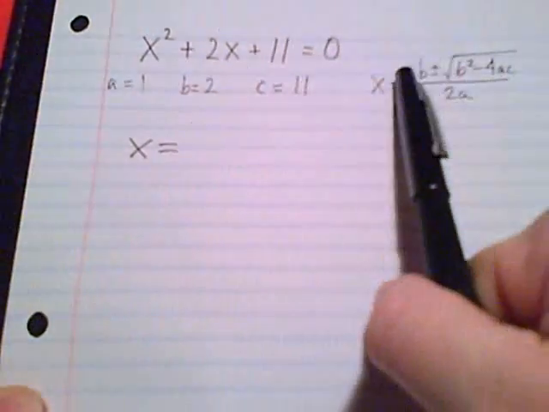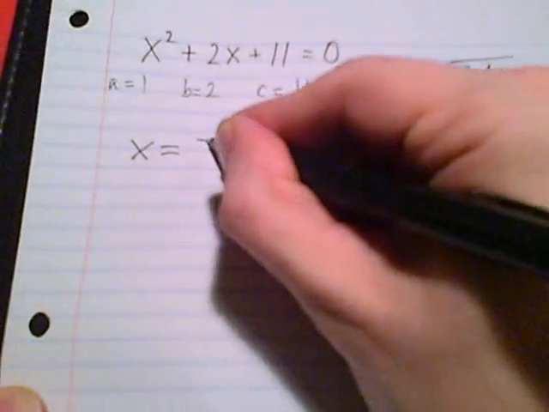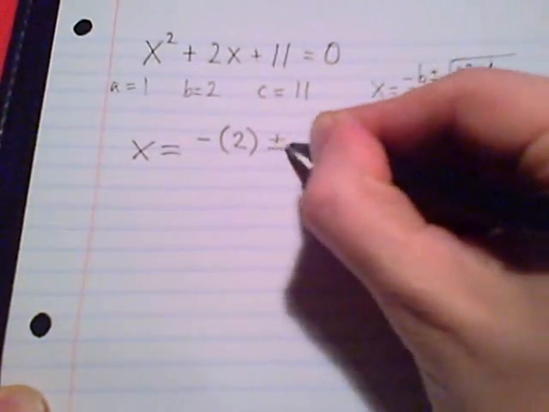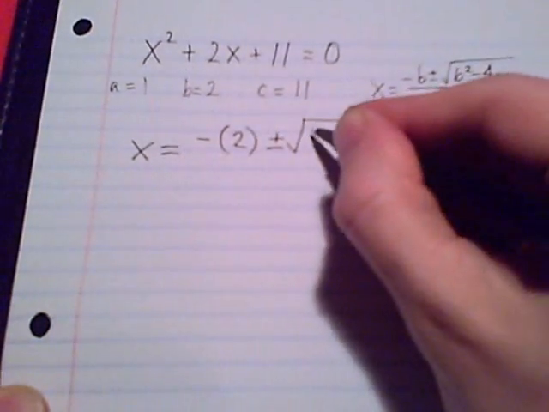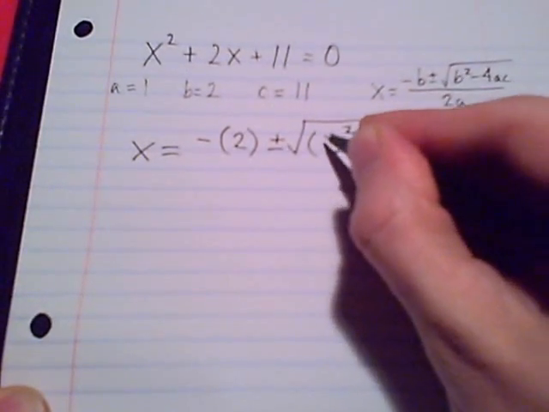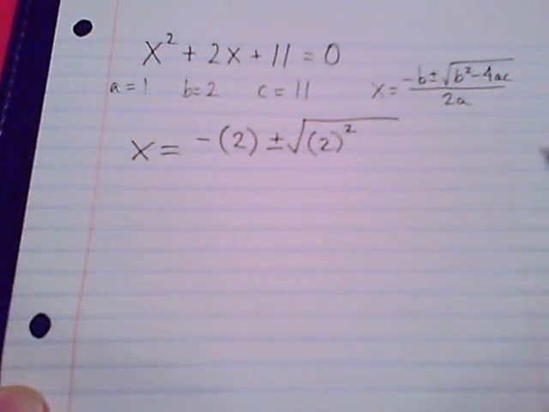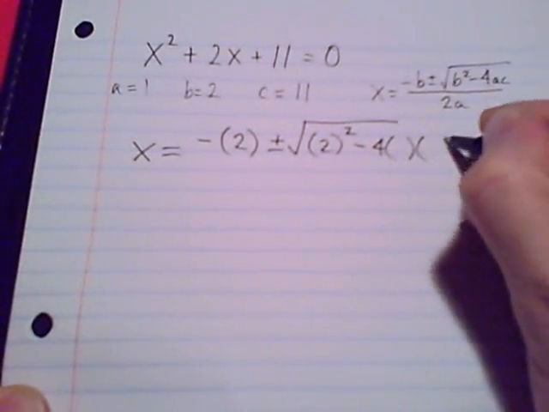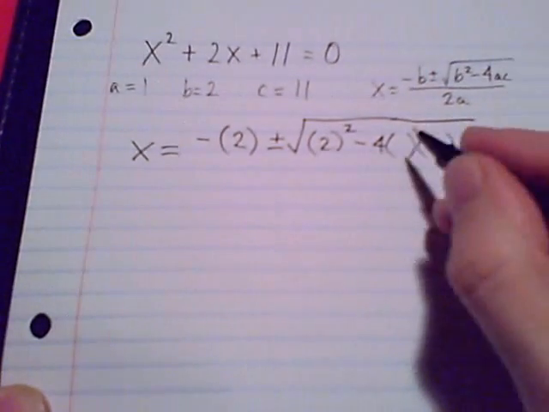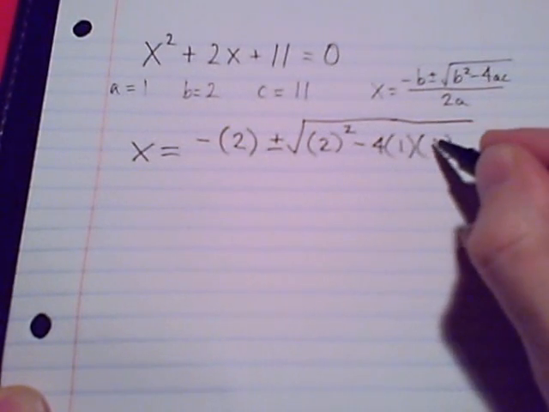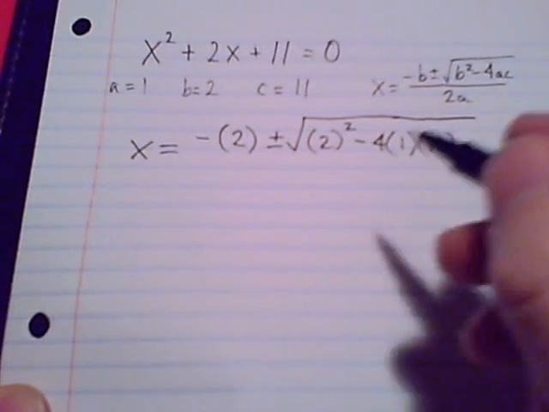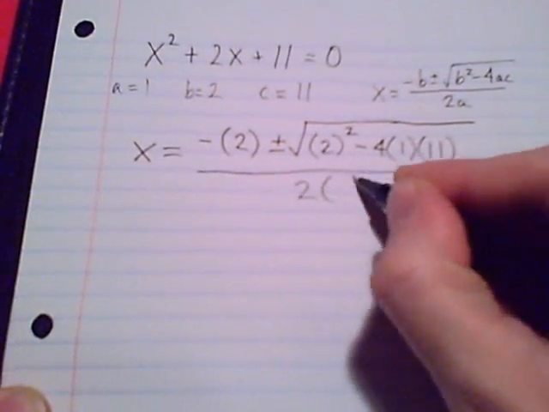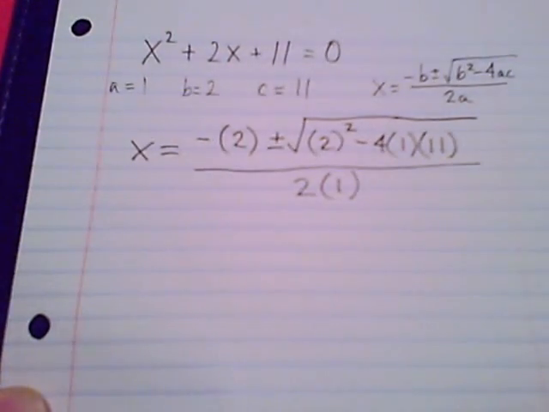X equals negative b, that's going to be a -2, plus or minus the square root of b squared, 2 squared, minus 4 times a times c. A is 1, c is 11. This is all over 2a, 2 times 1.